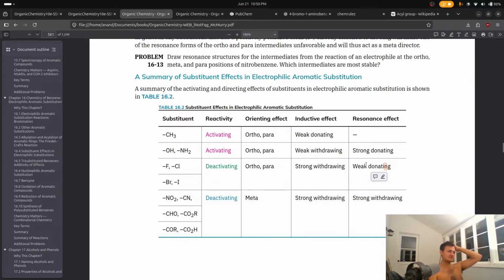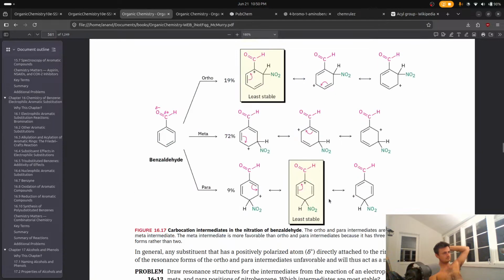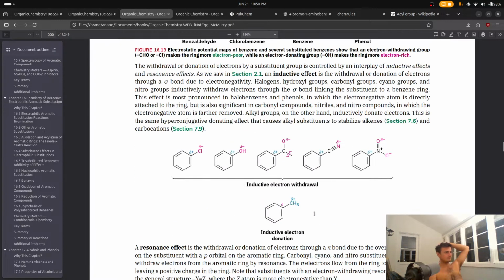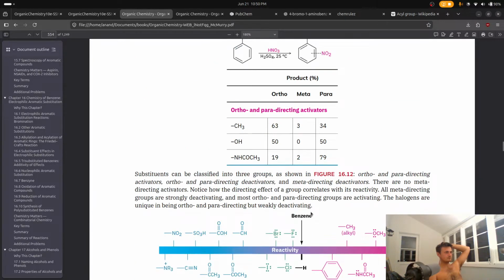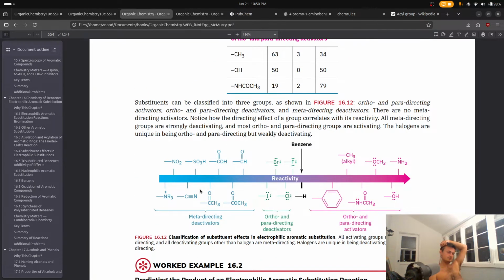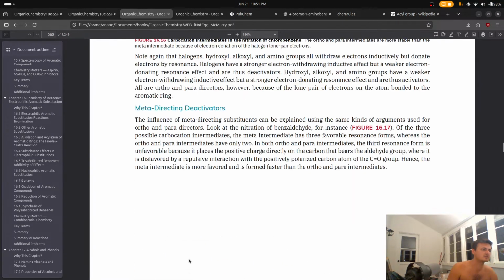Is there even a pi system? Like, how does chlorine donate? The deactivators are the strongest of deactivators. Yeah, the strongest deactivators are the meta deactivators.